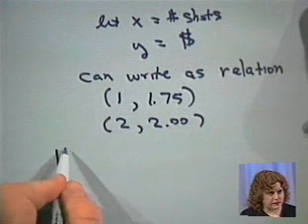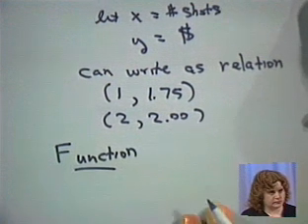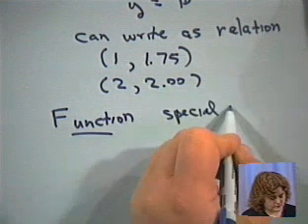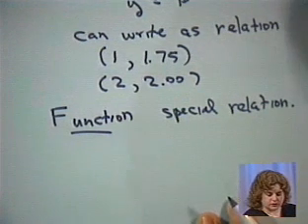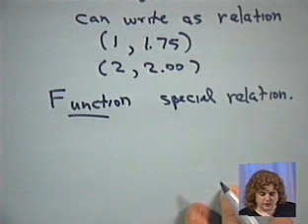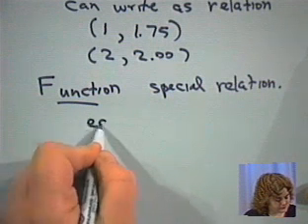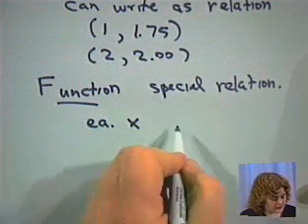Now, a function is a special kind of relation. And what's special about it is, to put it in a quickie sort of way, each x has exactly 1 y and no more.